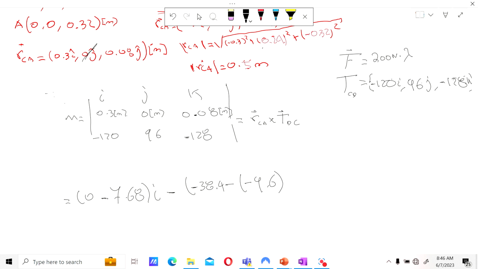Okay, so it's 0.3 times negative 128, and yeah, that's correct. And for K, we have 0.3 times 96, which is 28.8.